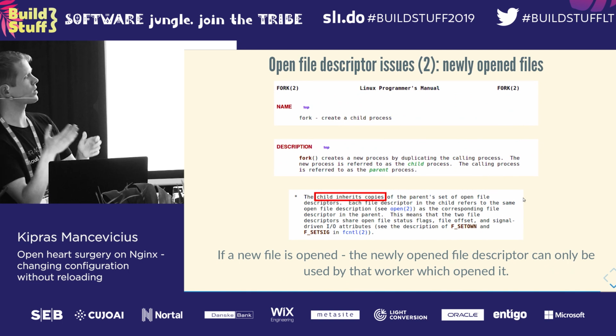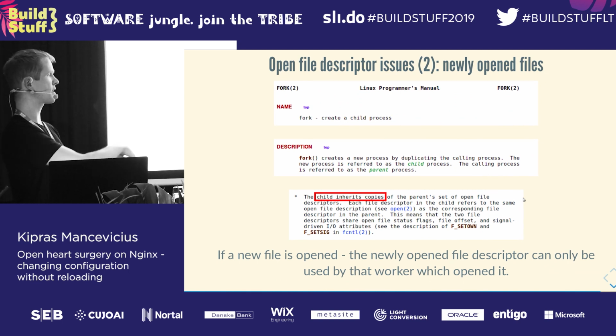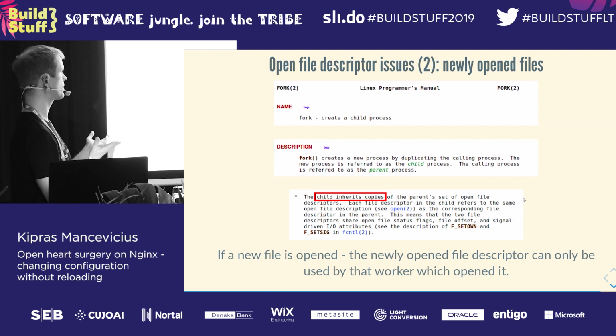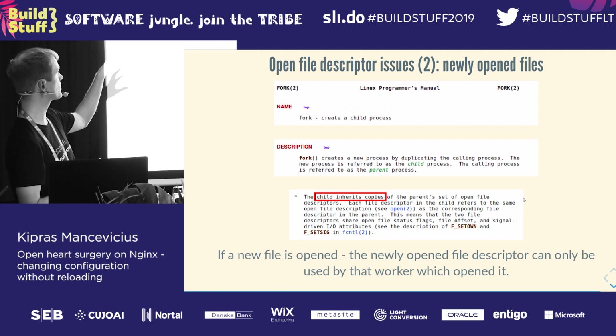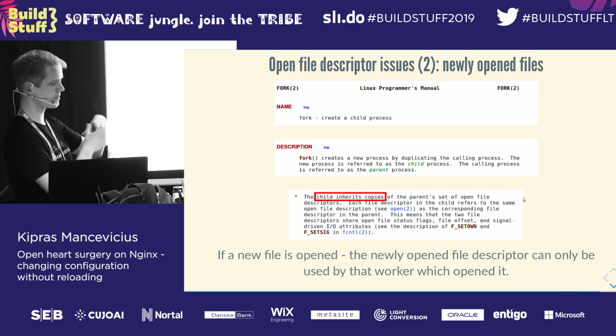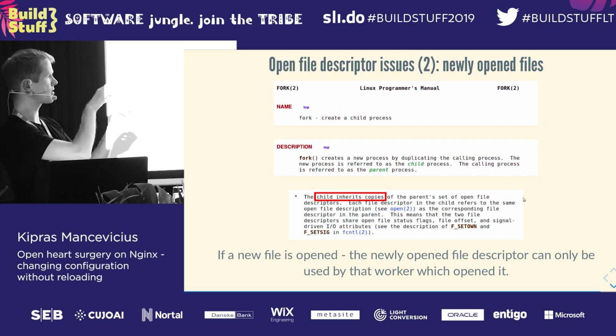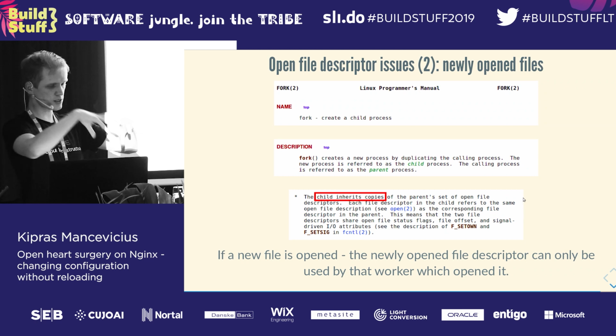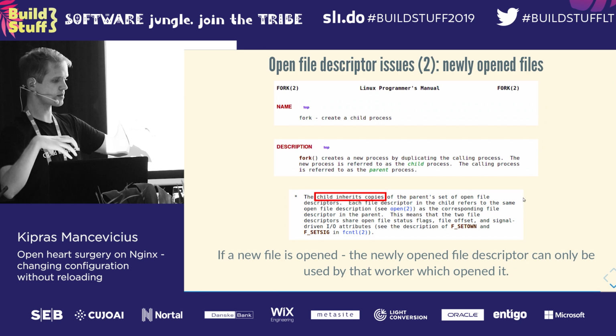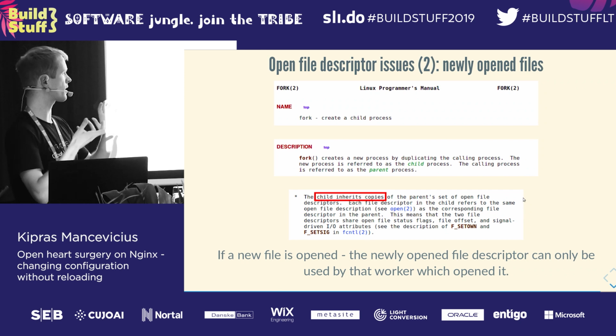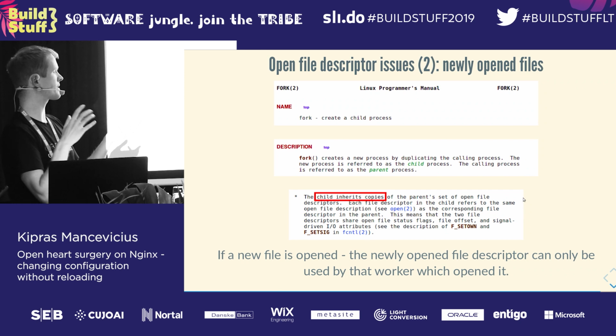But then there's a problem. What if you open a new file? What if you deploy a new config that opens a new file, a new log file, for example? This is kind of a description of how fork works. When Nginx forks, that's not a problem, because the fork actually duplicates the descriptor. Each worker gets its own, I don't want to call it a copy, but it's kind of a copy.